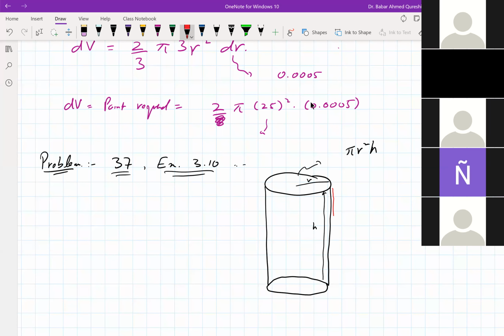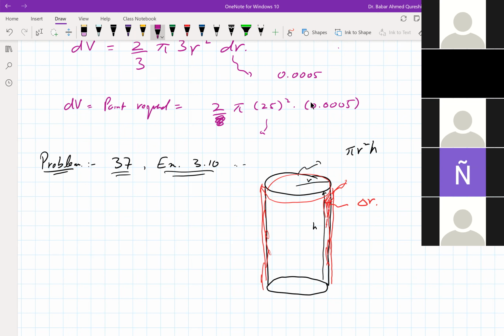You have a slightly thick, how do I draw it? So it's like a can, hollow can, and it has some thickness. So you want the volume of the hollow can. This is h, and the thickness of the walls is delta r.